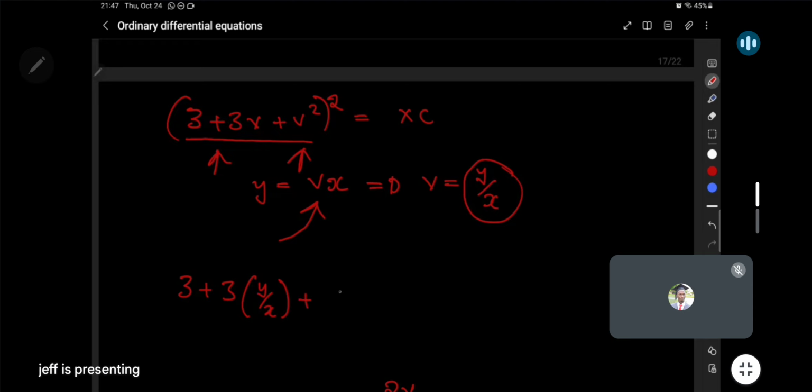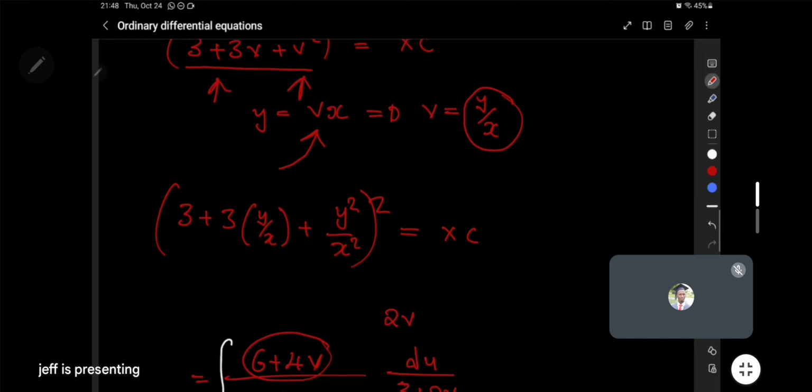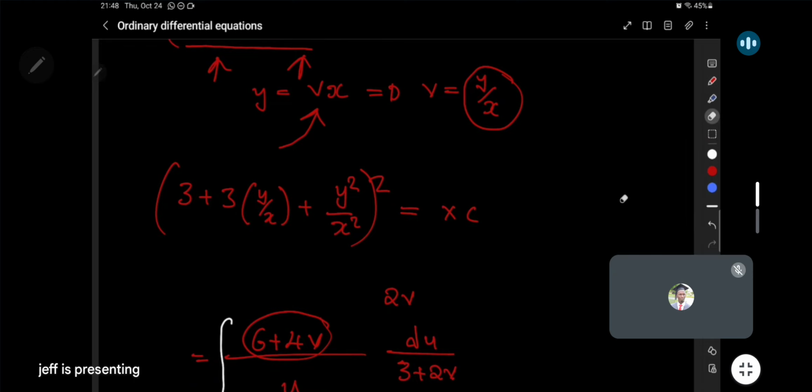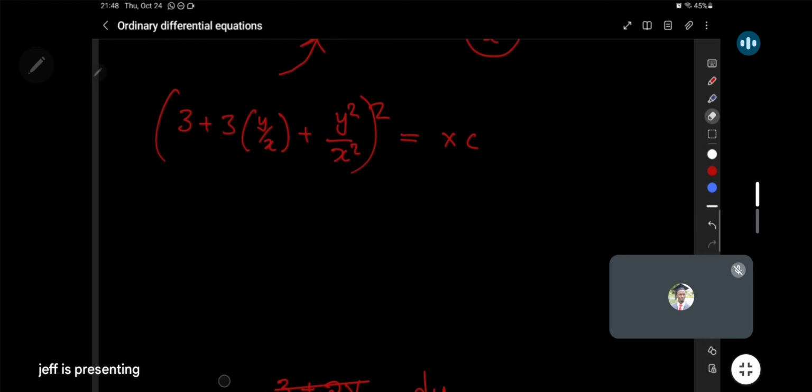There's v there again, so this will be y squared over x squared. But this has to be squared, equals xc. So this becomes our expression. Again, you can still square this, expand a little bit, but we'll leave it here. There was a continuation in the problem.